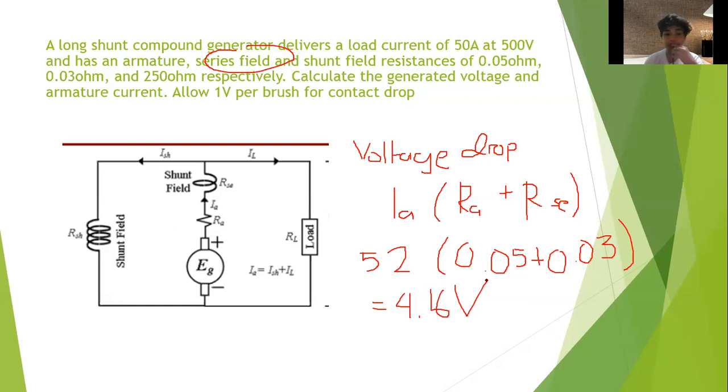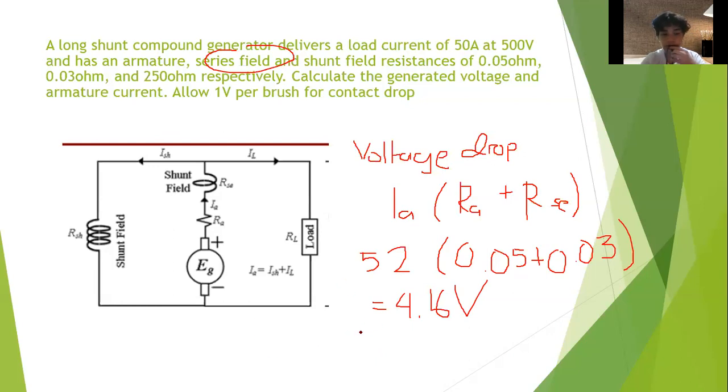Now, since we have the voltage drop, we are one step closer to obtaining the generated voltage. However, there is also voltage drop at the brushes.